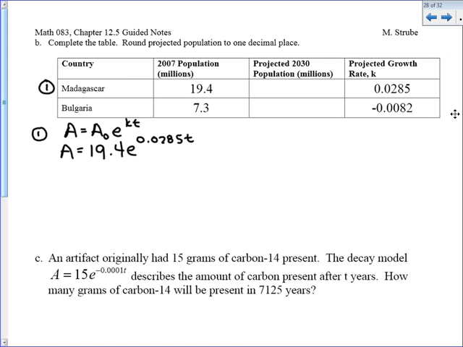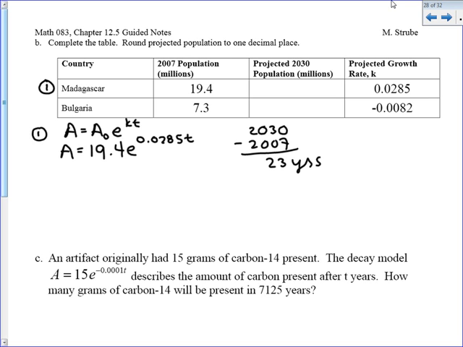So if you want to set it up to look like the other problem, we've got our starting population goes in place of A naught, and our constant goes in place of K. And now, how many years down the road do we want to project the population? If we started in 2007, and we're looking now at 2030. 23 years. So if you take where you're going and where you started, we have a difference of 23 years.